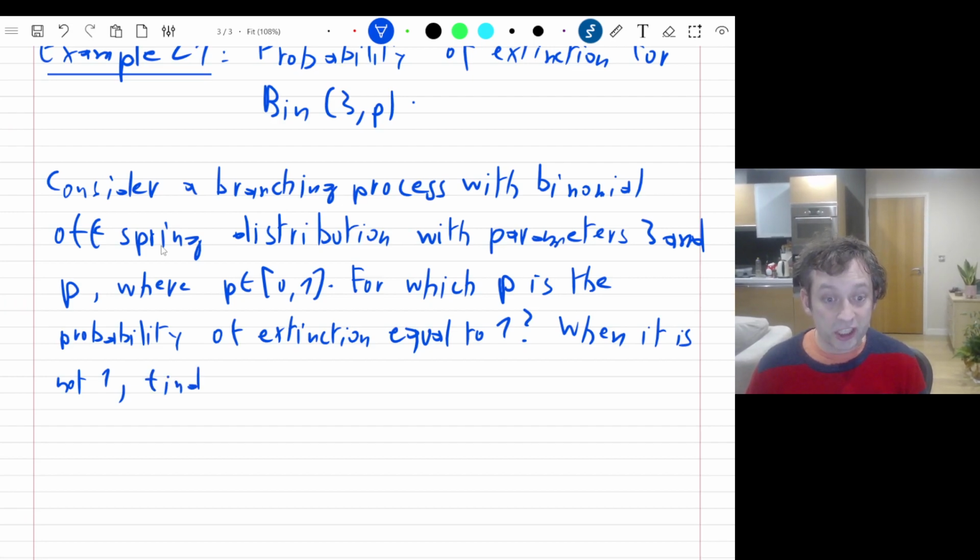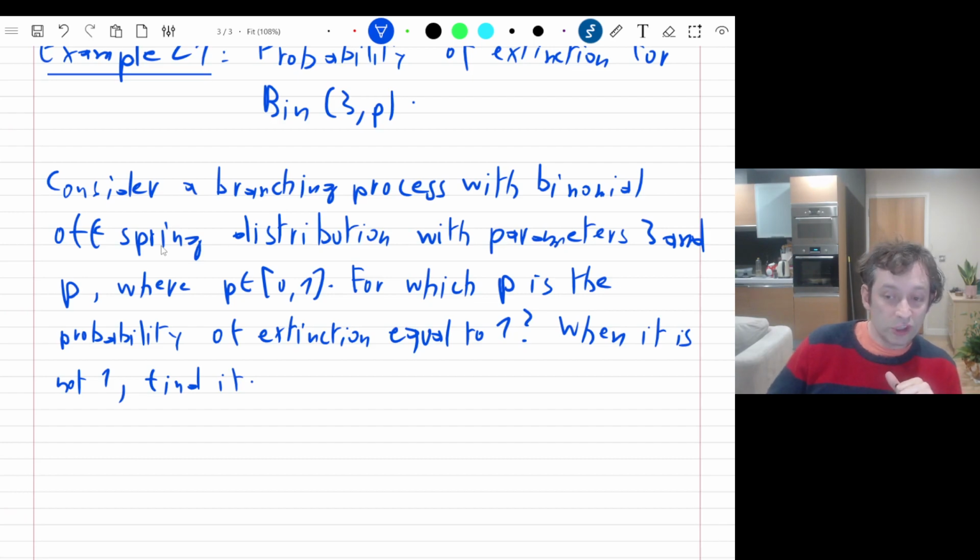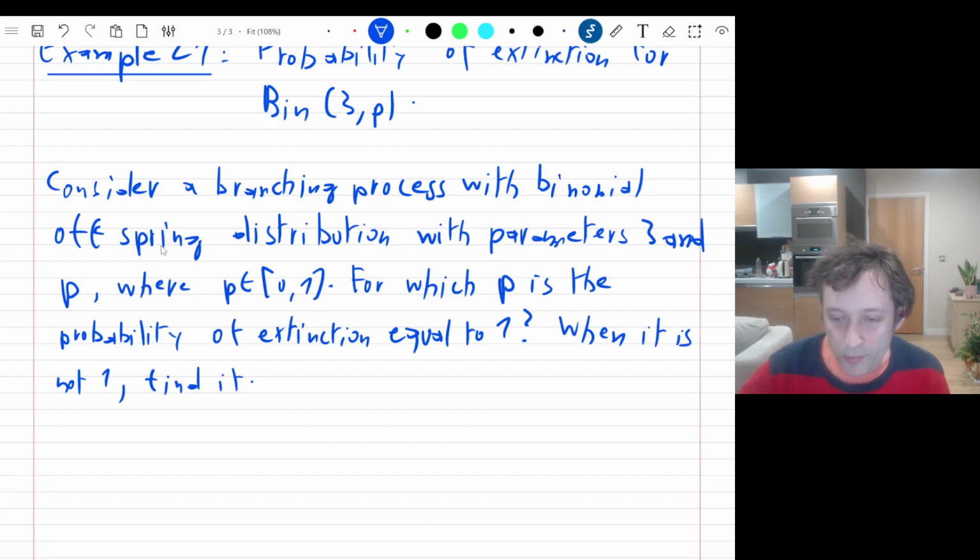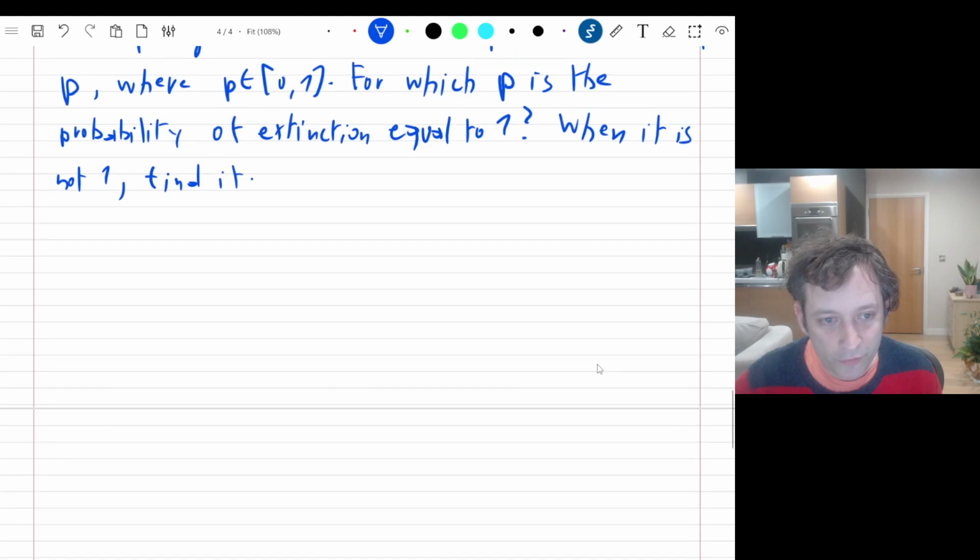Now, this is a long-winded way of just asking what's the probability of extinction, but I like distinguishing when it's 1 from when it's not 1, because as we've mentioned, when it's 1, it means we're critical or subcritical. So there's something different in terms of how you actually compute things. And we will see that it makes sense to really separate the cases. So that was the question.